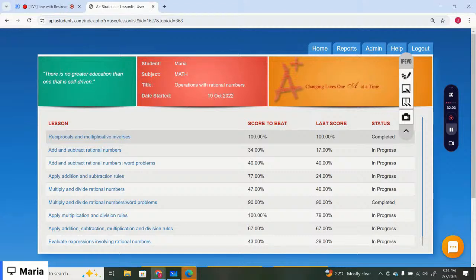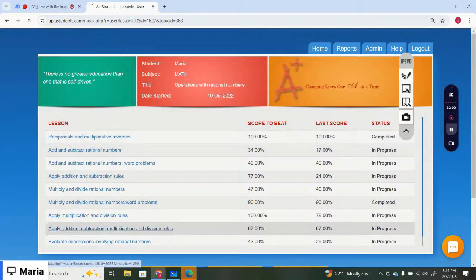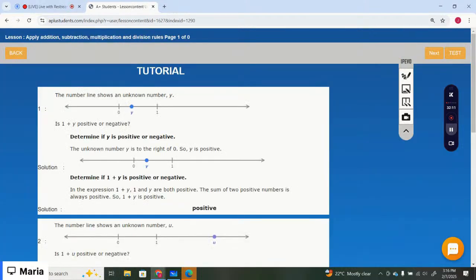The next lesson is apply addition, subtraction, multiplication, and division rules. Let's just start with the lesson.